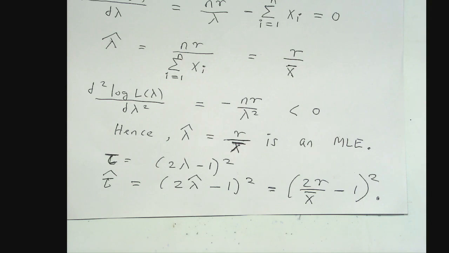To find the MLE of this probability, this would be equal to phi of (x minus mu hat). Now mu hat is the sample mean, and you need to compute it using the data here. So you need to sum all these numbers and divide by the sample size.